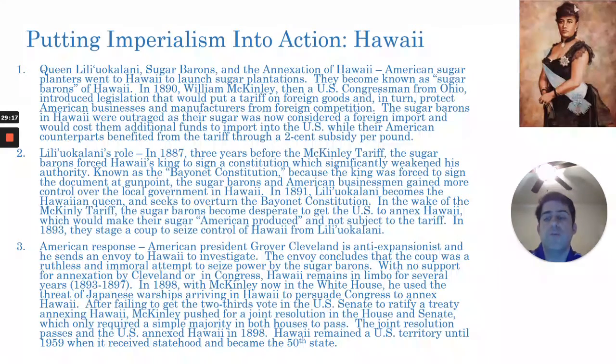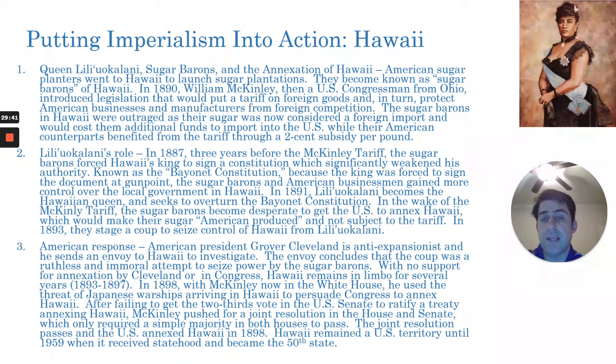There was not enough support in Congress to annex Hawaii at this time. And Hawaii remains in limbo for several years from 1893 until 1897. And during this time period, Liliuokalani is back as the Queen of Hawaii, but she still doesn't really have the degree of power that she would like.